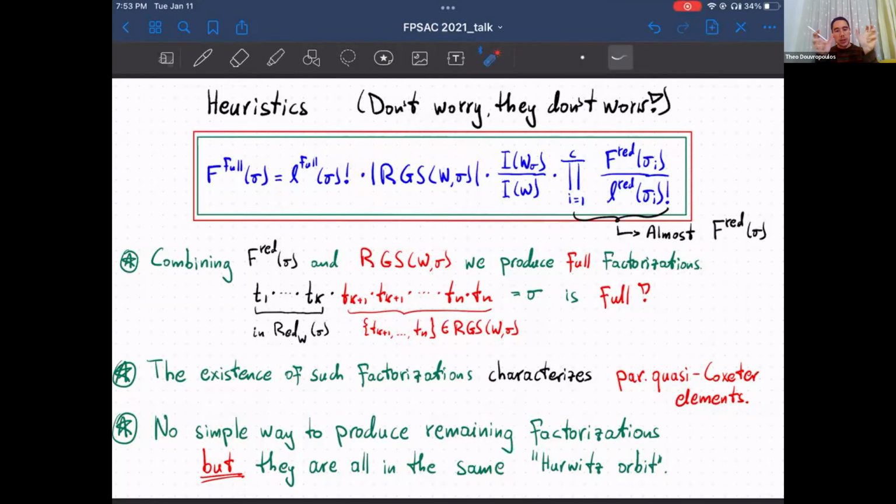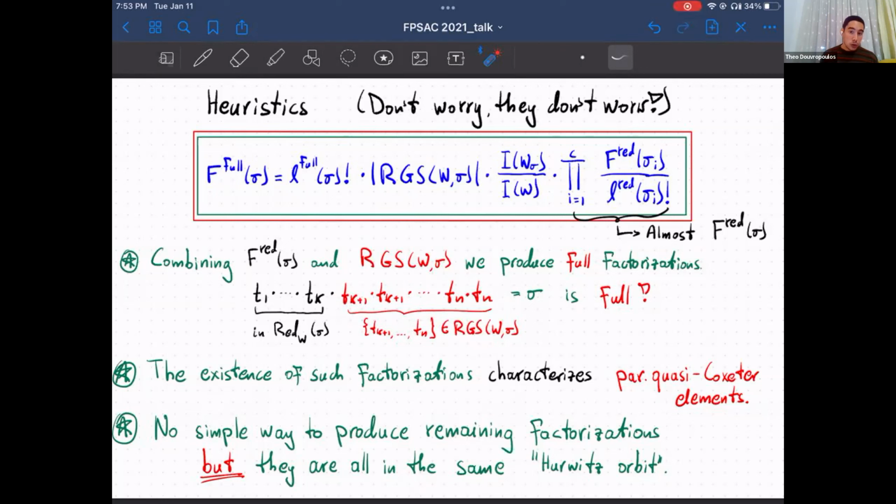If you put these objects together, voila, you have a full factorization. So you start with the factorization of your element, and then you pick each of the reflections in the relative generating set, and you use each of them twice. So then the product remains the same. And because you have used all of the reflections in a relative generating set, you have a full factorization.